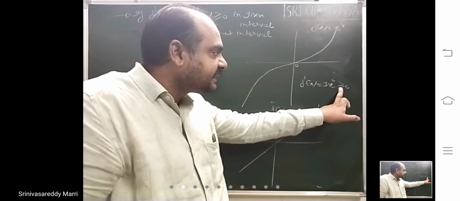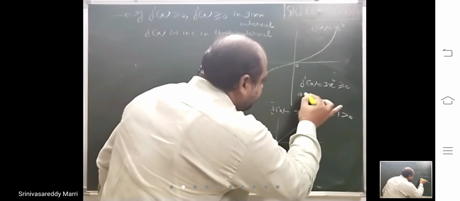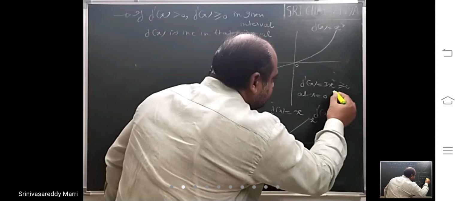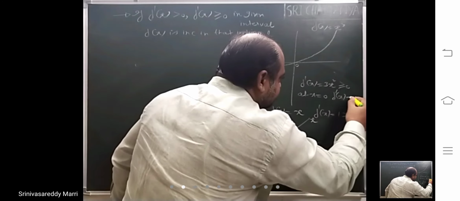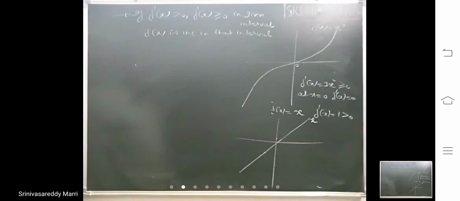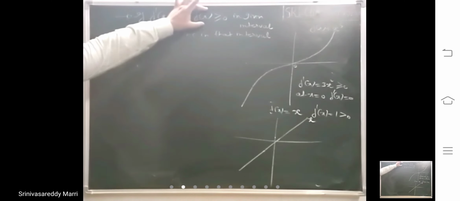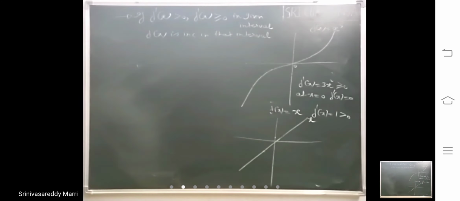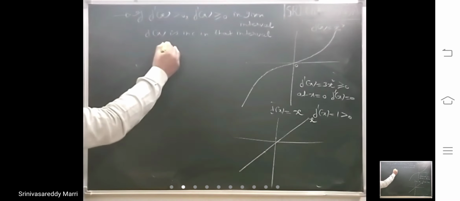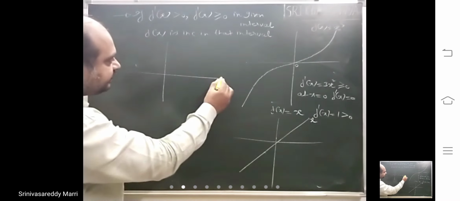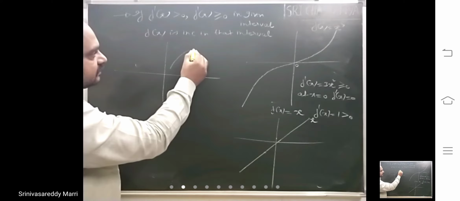In the previous one it is greater than or equal to 0, only at the single point x equal to 0 the derivative is 0. Otherwise it is always positive. That means whenever you get derivative greater than 0 or greater than or equal to 0, it will be increasing in that interval. Suppose the graph can be like this also.